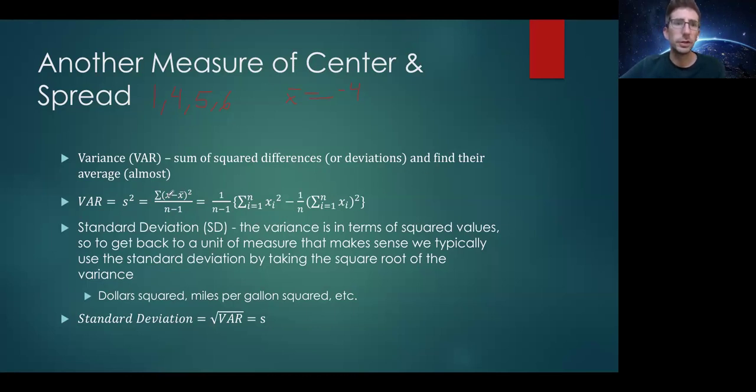And then we basically just take the average, almost, of those differences that are squared. Here we divide by n-1 instead of n, which we saw in the mean. There's a reason for that, but we won't go into it too far here. There are two different ways to calculate the variance.